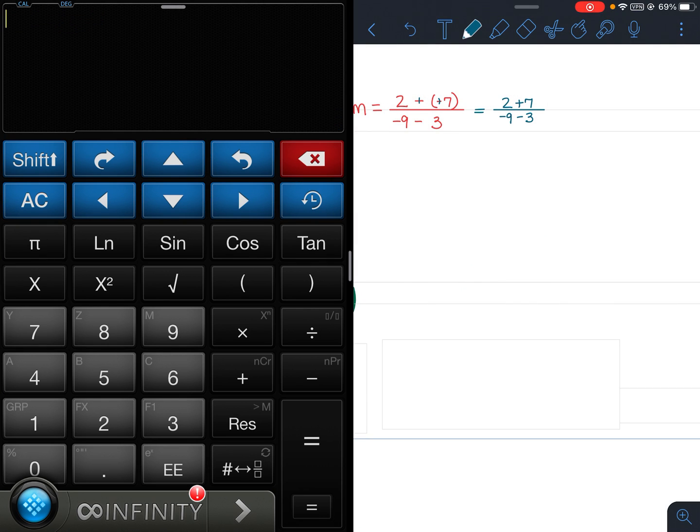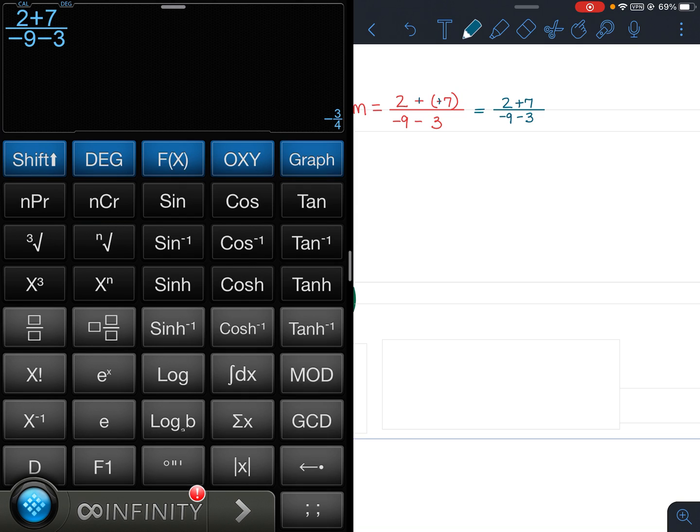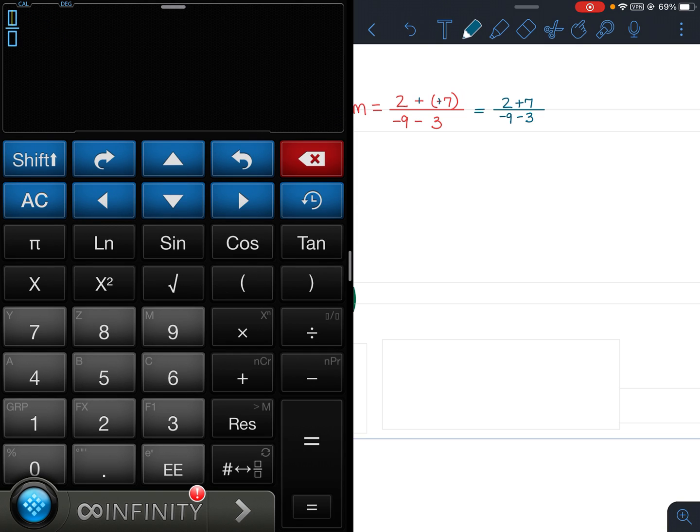If I put that in our calculator, 2 plus 7 over -9 minus 3, I get -3/4. Or I could have put the original problem in. 2 minus -7 over -9 minus 3. It doesn't matter which way you do it. In the end, I get -3/4 for both.